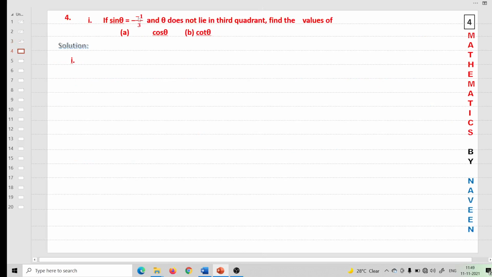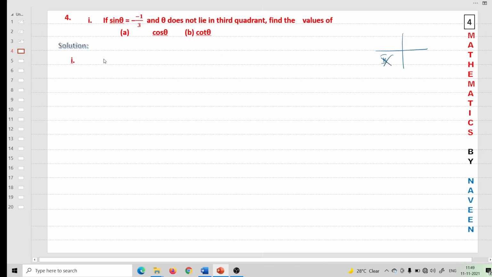Next problem, the fourth one. If sin theta is equal to minus 1 by 3 and theta does not lie in the third quadrant, find the value of cos theta and cot theta. See, he has given that sin theta value is minus 1 by 3 and theta does not lie in the third quadrant. In the third quadrant there is no theta. So it may be in the first, second or fourth.